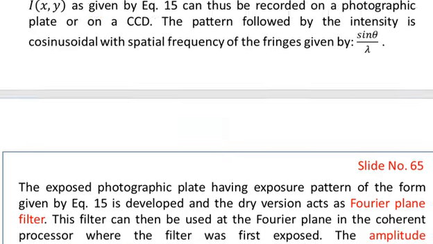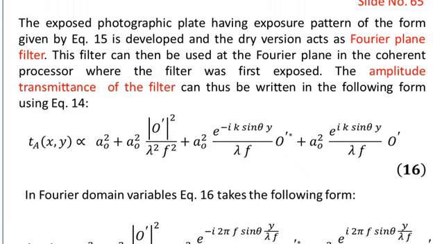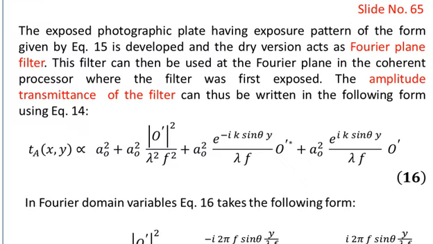So we are writing equation number 14 to introduce the amplitude transmittance of the object that we have constructed, and we have developed the amplitude transmittance filter, given by equation number 16.